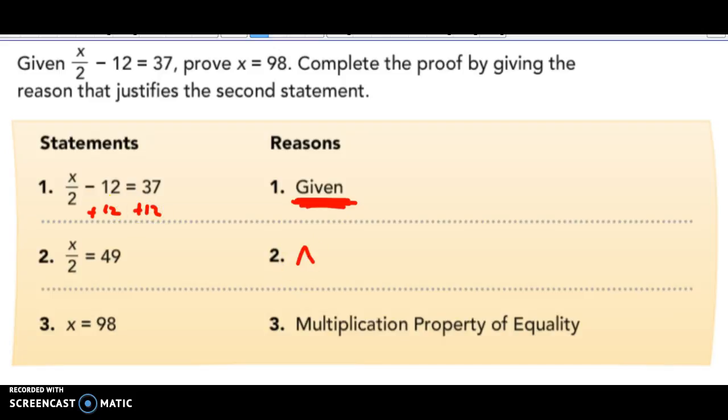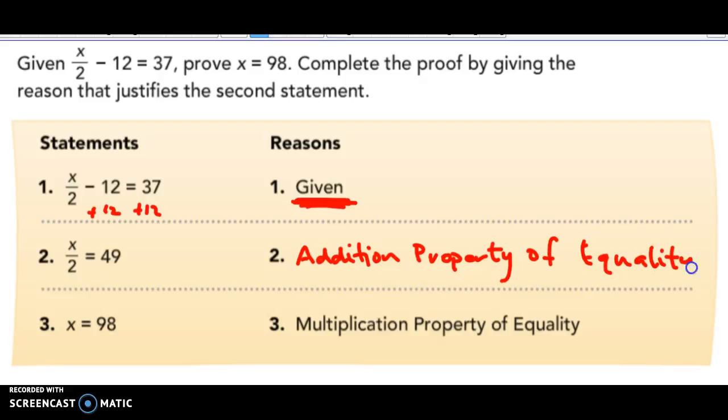So we would call that the addition property of equality. That is my reason that I can make this statement, that x over 2 equals 49, because I know that this addition property of equality tells me I can add the same number to both sides of the equation without changing its value.